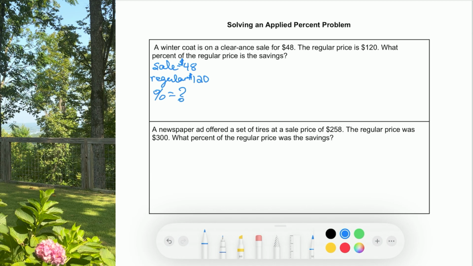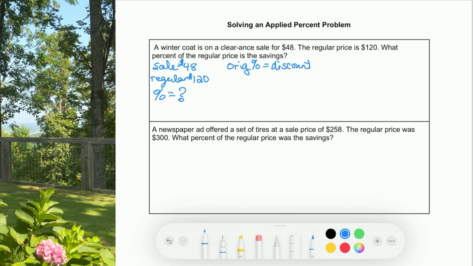We don't know the percent, so I'm going to put a question mark. Before we can actually use our formula, we need to figure out what the savings was. We don't know how much was discounted, basically. So we're going to use the original formula: original times percent gives us the discount, right?